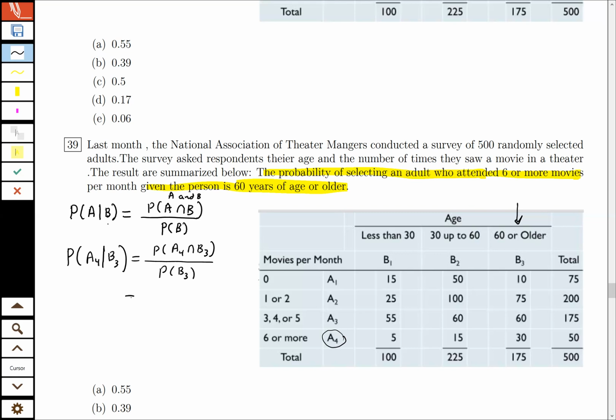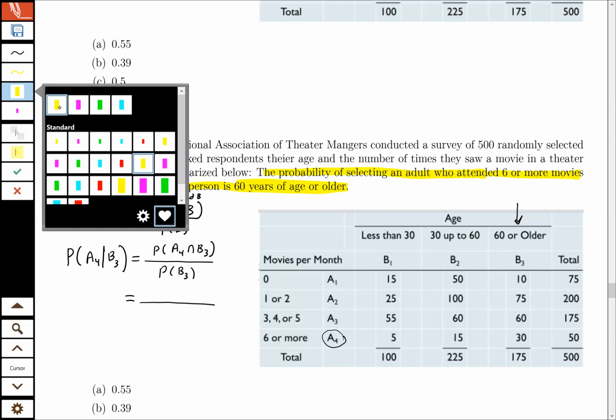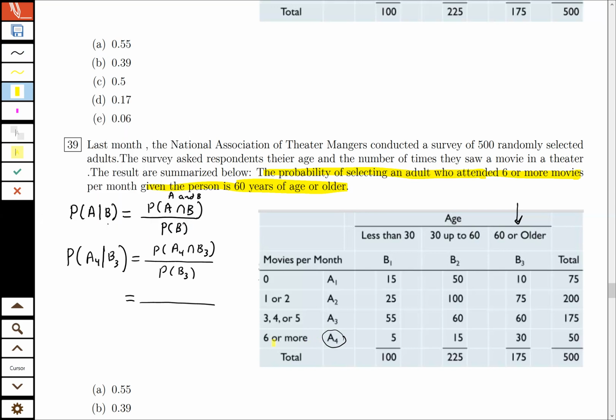What's that one equal to? Probability of A4 intersection B3. You go to A4, I'll use the highlighter. This is A4, and intersection with B3. We go with B3.